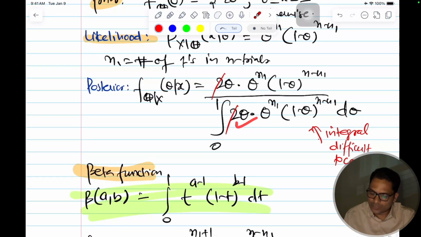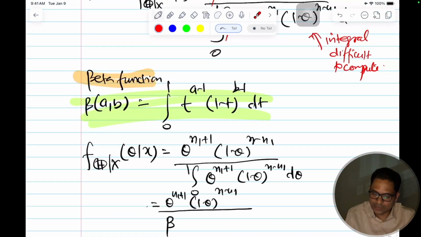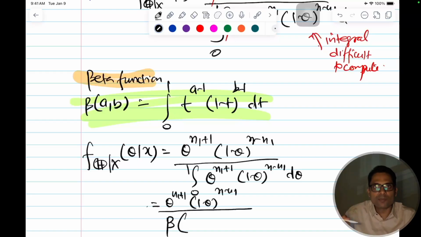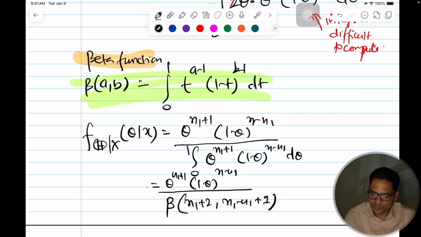Here I have multiplied one more theta. Earlier it was n1, so this one will increase by one more. This will become n1 plus 2, and the second term remains as it is, n minus n1 plus 1. So this is my posterior now.